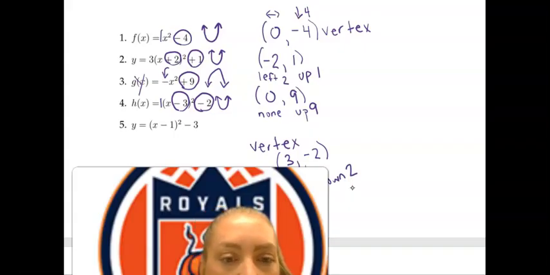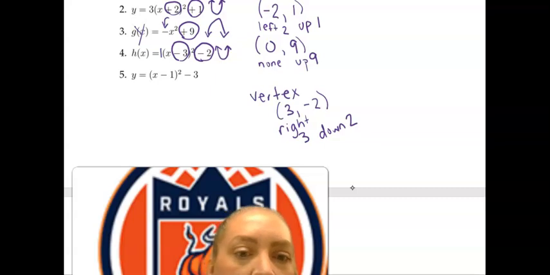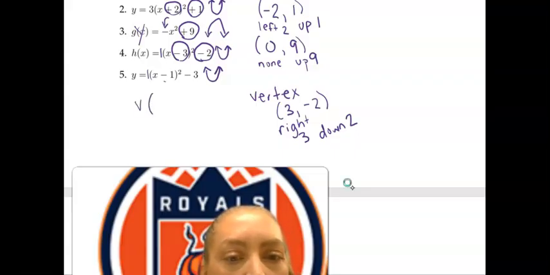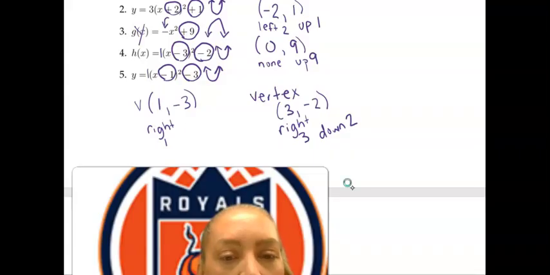All right, and our last example, number 5, we know a is positive, so our graph opens up. Our vertex, we're going to use the opposite x value, so positive 1, so positives go to the right. And we keep the number the same, so negative 3, and in the y direction, negatives are down. Okay?